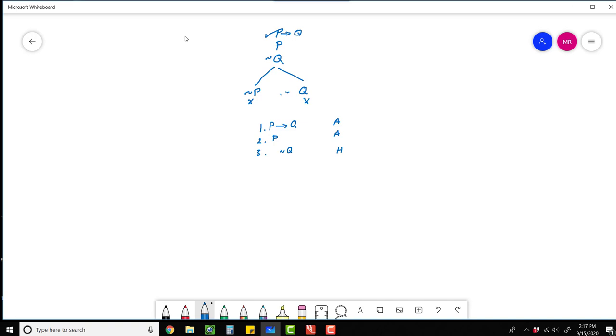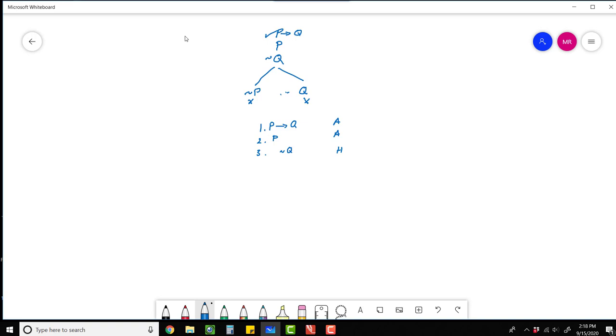Then we know that if this is a valid argument, hypothesizing the negation of the conclusion creates a logically inconsistent set of sentences. And so from this set of sentences, we should be able to derive a contradiction. That becomes our task: to derive a contradiction.